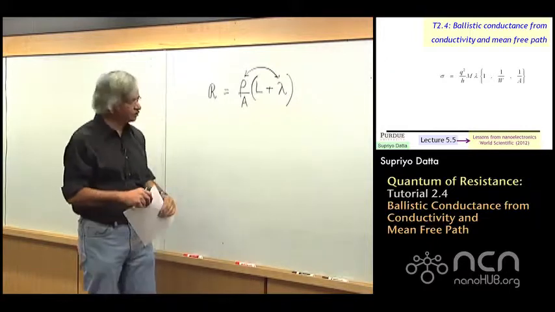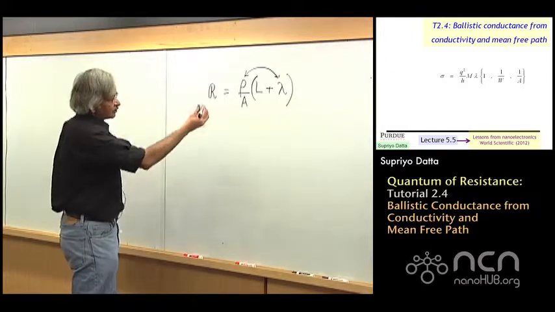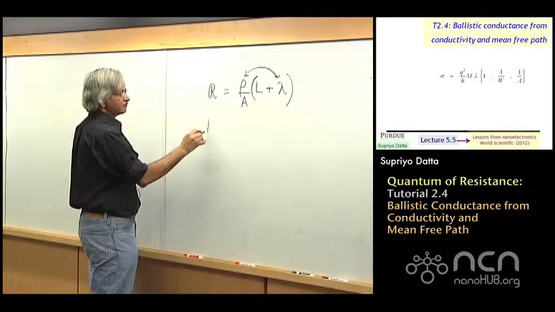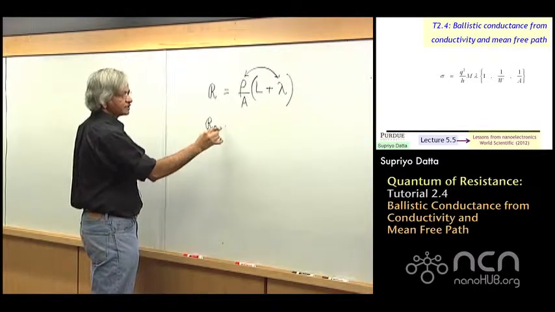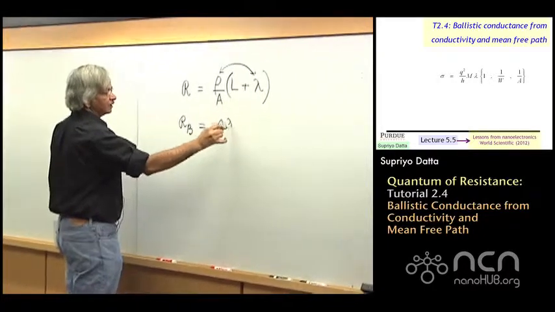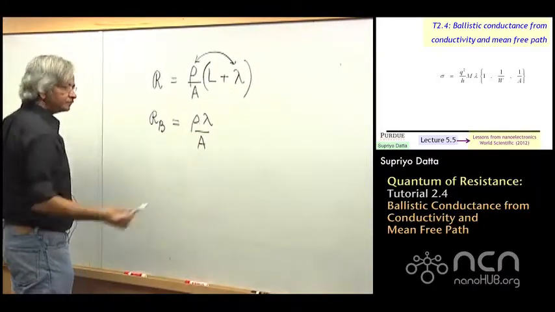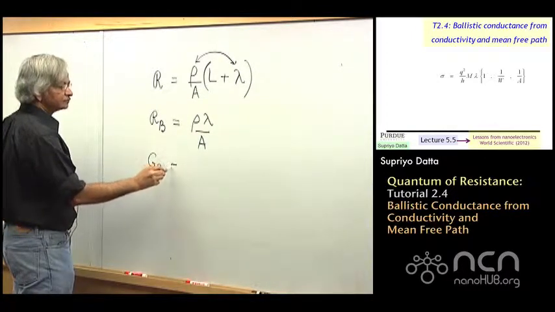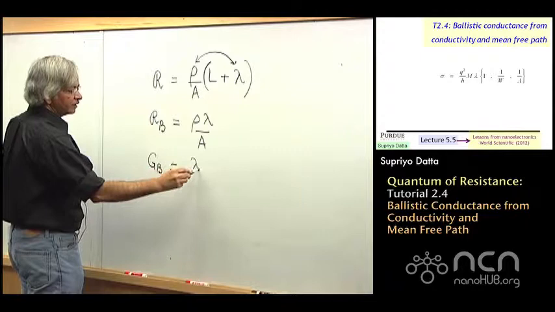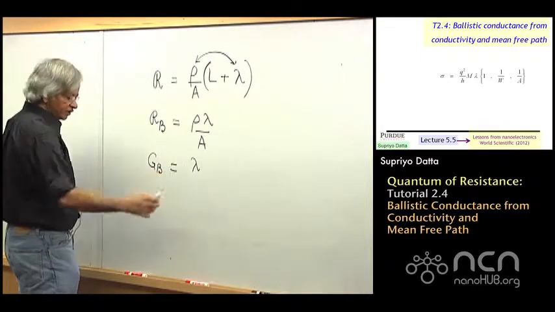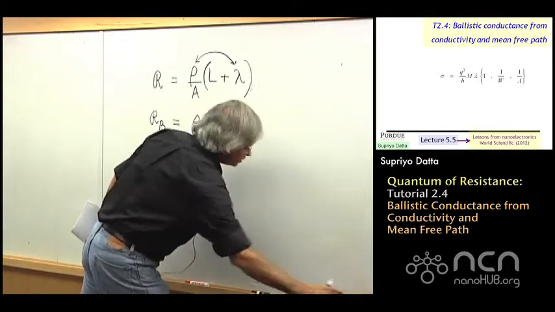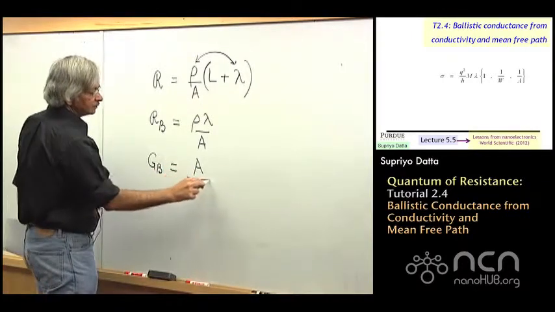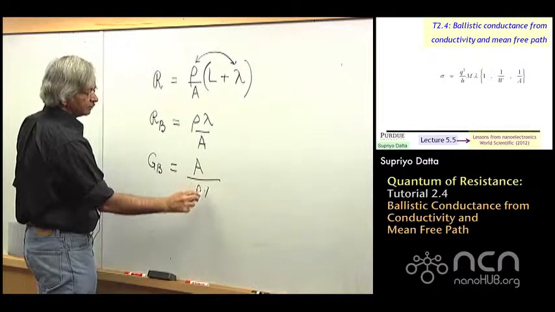So here what I asked you to do is write an expression for this ballistic conductance. Ballistic resistance would be rho lambda over A. And so the ballistic conductance G_B would be the inverse of this, so it would be A divided by rho lambda.